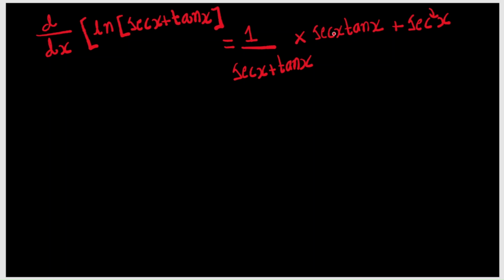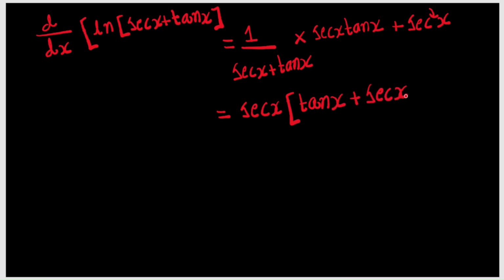So now, as you can see in the numerator, what is becoming common? It's sec x. So simply take that common, is equal to sec x, and we're going to be left with tan x plus sec x.